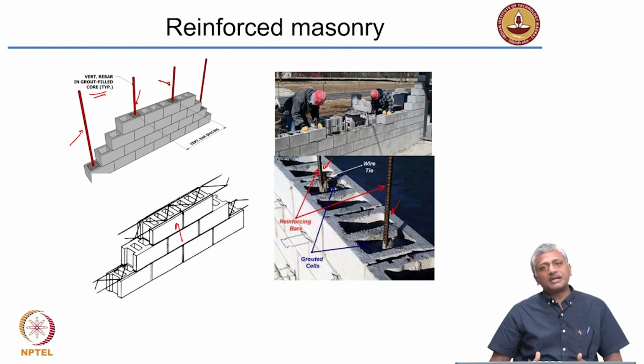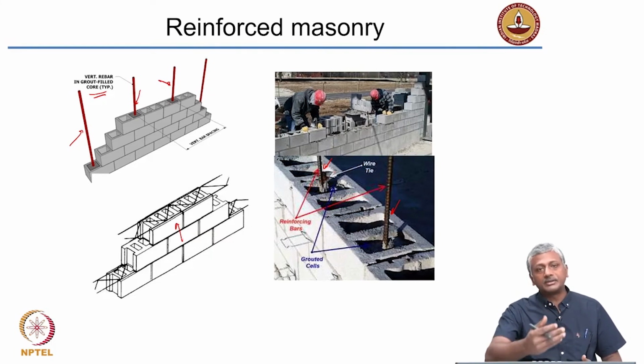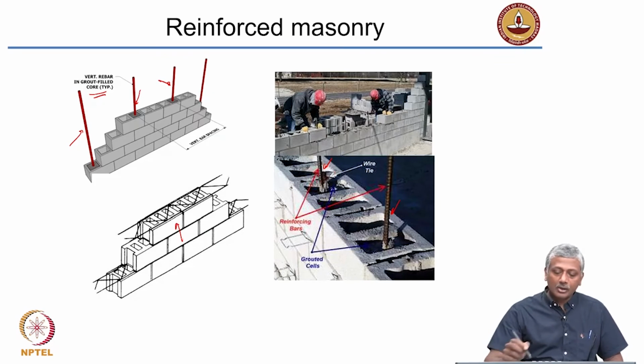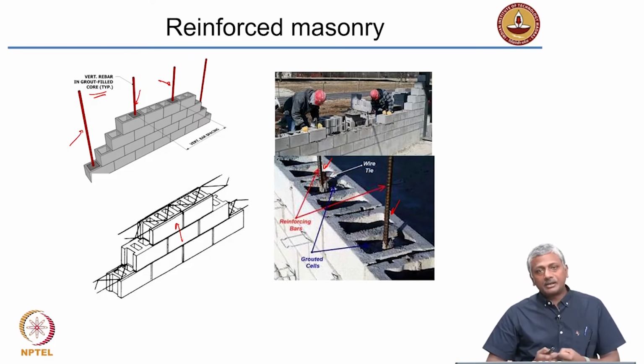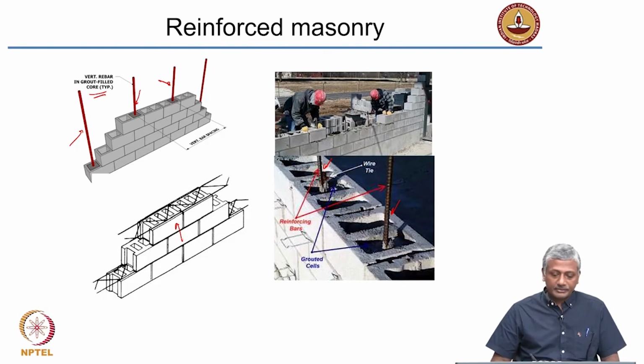You do not need that level of lateral resistance, but you can calculate the amount of resistance required and provide it only in every alternate or every third cavity. And these are all grouted to ensure that the material is in place. Grout is nothing but a flowable mortar which fills up the gaps and hardens so that the steel bar is kept in place.